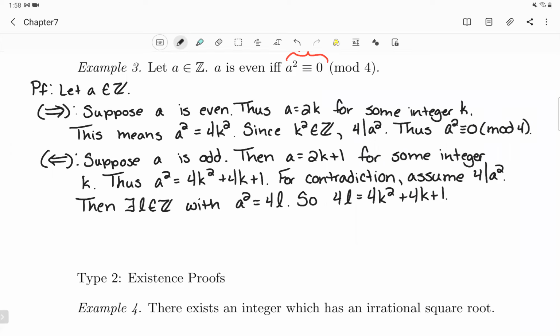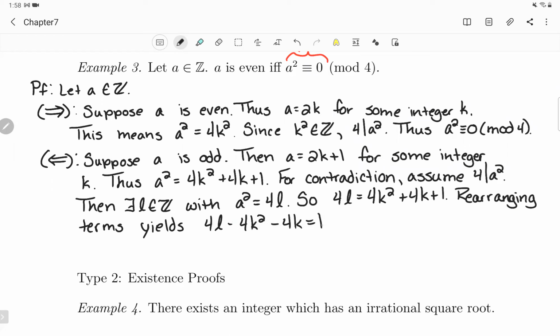Let's get everything with a 4 on one side and the 1 on the other. So rearranging terms yields 4L minus 4K squared minus 4K equals 1.